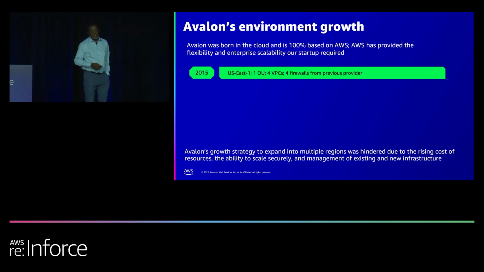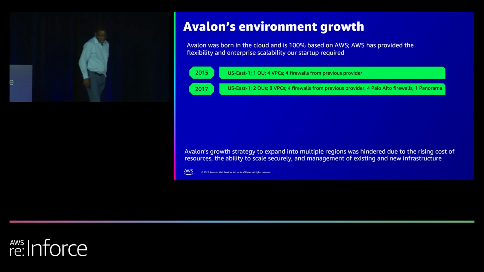The reason we did that was because of the hyper-segmented environment that we have. So each environment required us to put a firewall over each VPC. And so as you can see, moving on to 2017, as the company grows, so does our infrastructure.